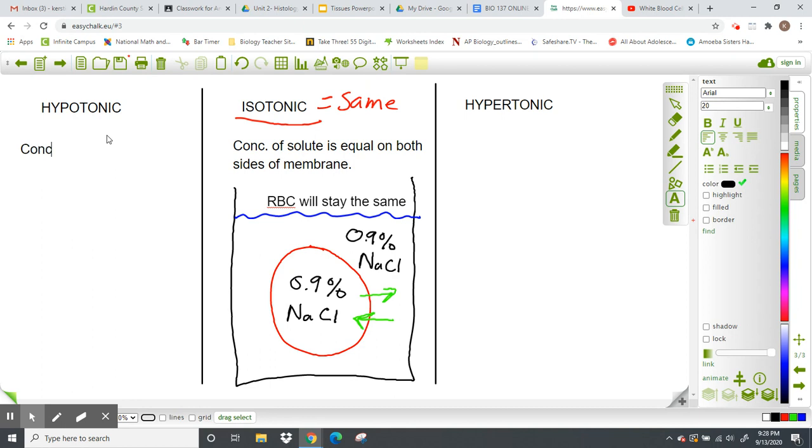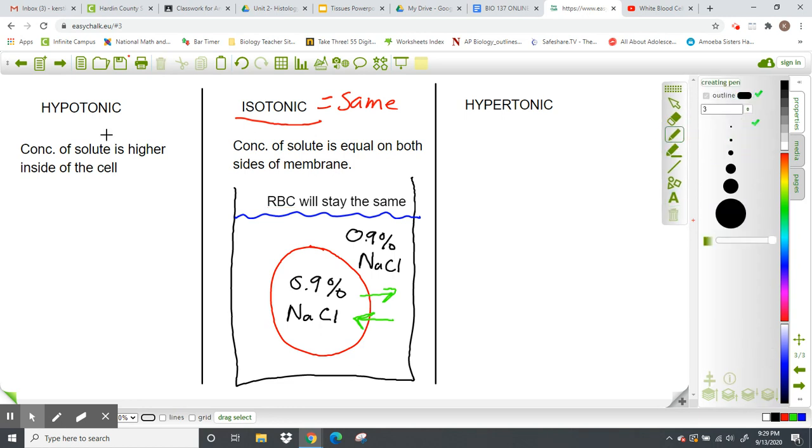So your concentration of solute is higher inside of the cell. Okay? So what that's going to look like is this.